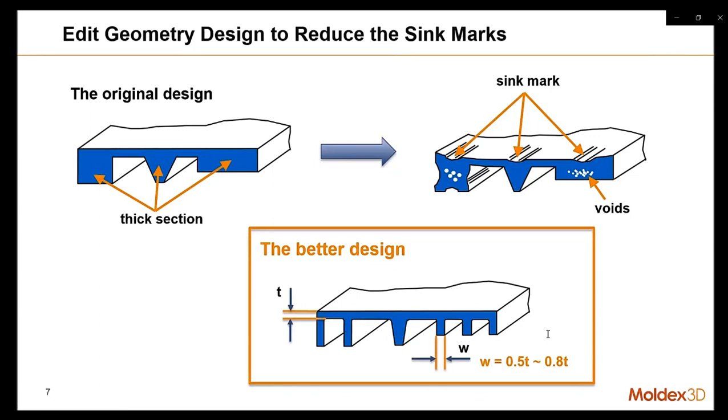We also suggest that our users use this value to design the rib thickness. We can use about 50% to 80% of the main plane thickness to design our rib thickness.